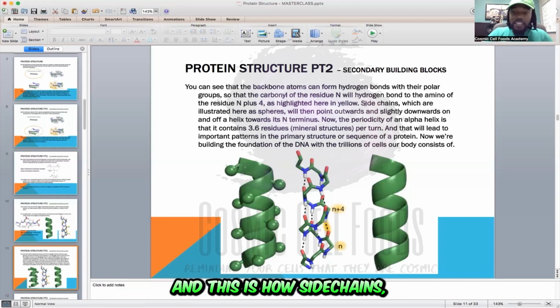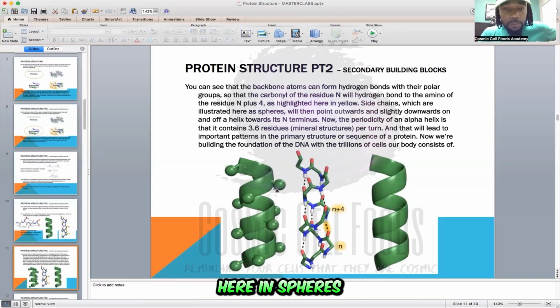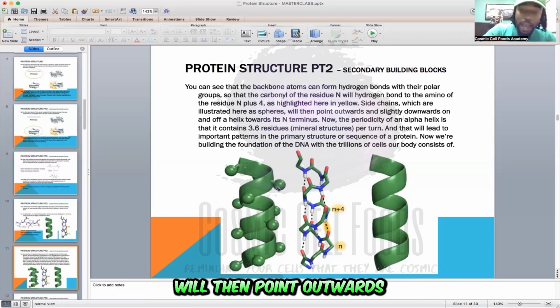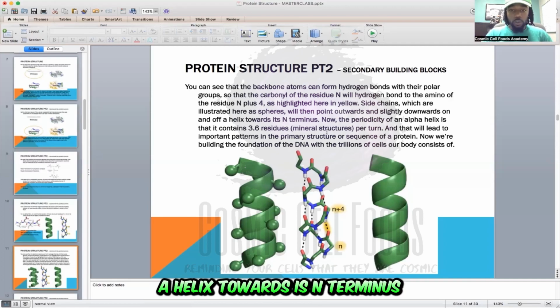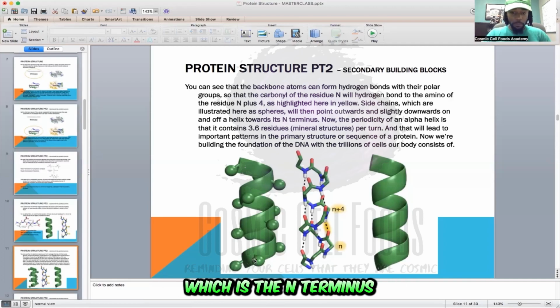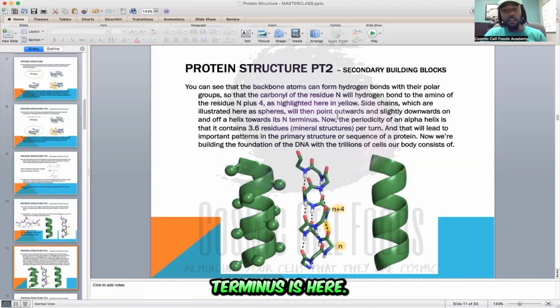And this is how side chains, which are illustrated here in the spheres, will then point outwards and slightly downwards on and off a helix towards its N terminus. The N terminus is here, the C terminus is here. The periodicity of an alpha helix, like I explained earlier, contains 3.6 residues or mineral structures per turn.